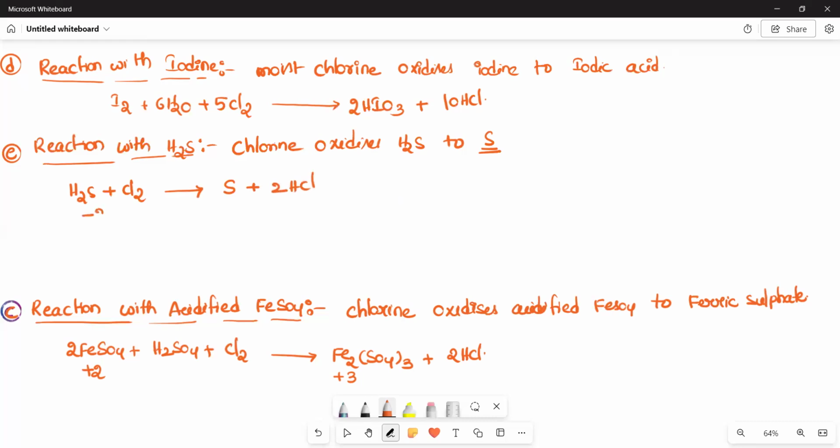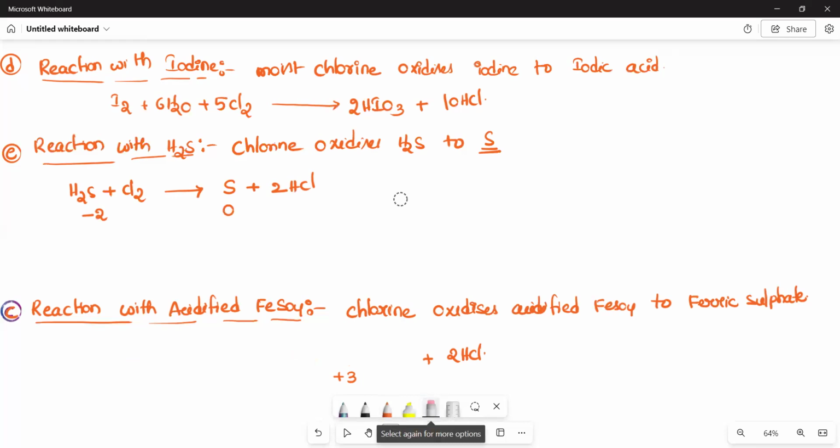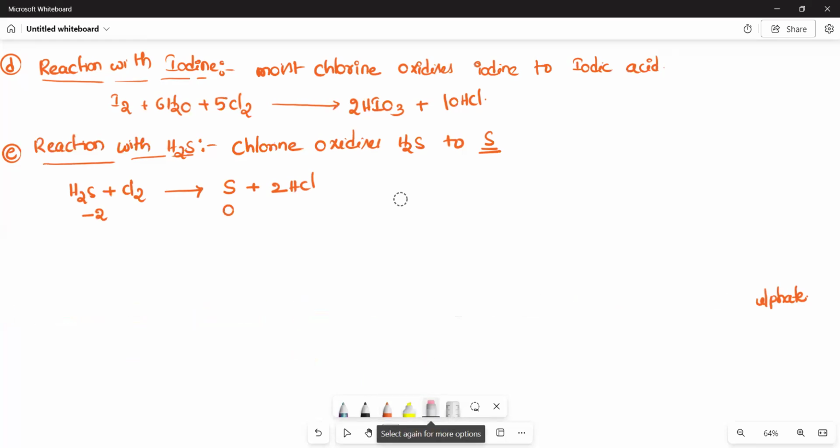Here the oxidation state of sulfur is -2, here the oxidation state of sulfur is 0. Sulfur oxidation state has shifted from -2 to 0.